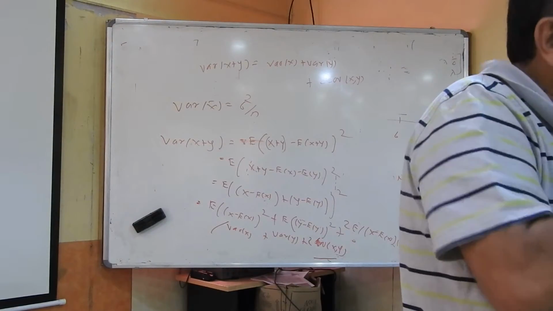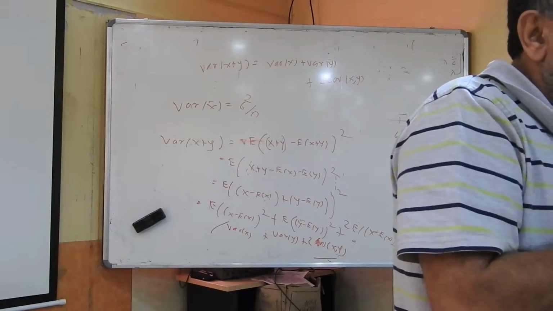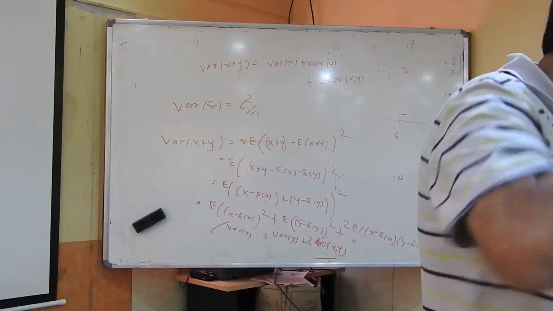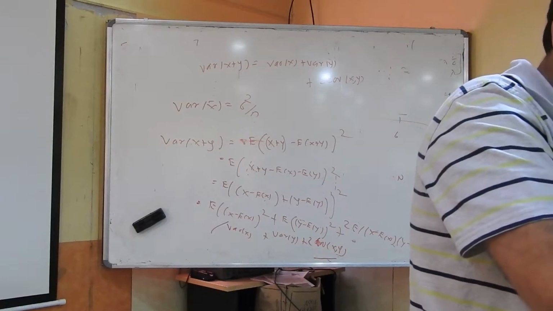Now this sum consists of two components, x and y, and these components are dependent upon each other. So if x moves, y moves, and if y moves, x moves.